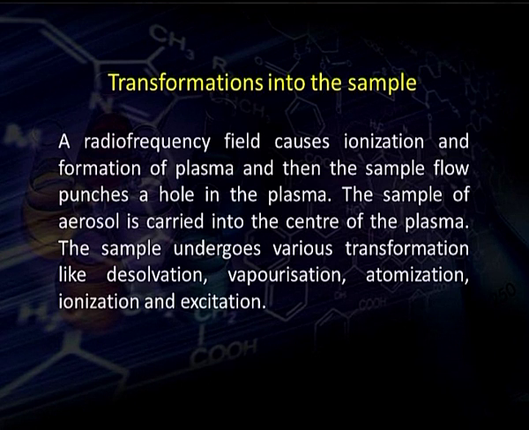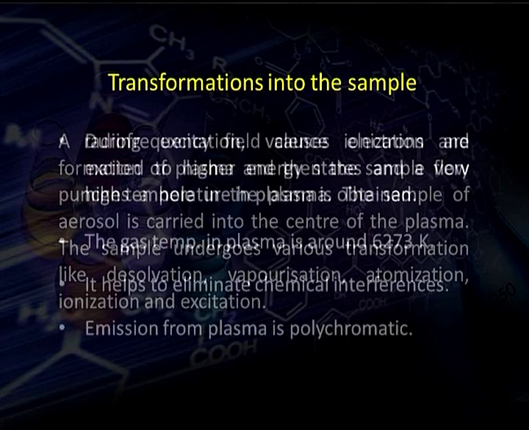Transformations into the sample. A radio frequency field causes ionization and formation of plasma, and then the sample flow punches a hole in the plasma. The sample of the aerosol is carried into the center of the plasma. The sample undergoes various transformations like desolvation, vaporization, atomization, ionization and excitation.